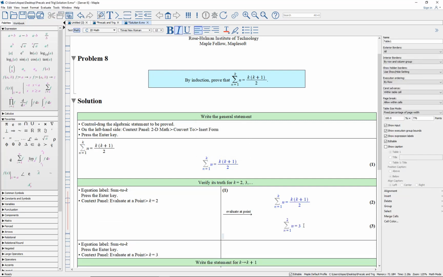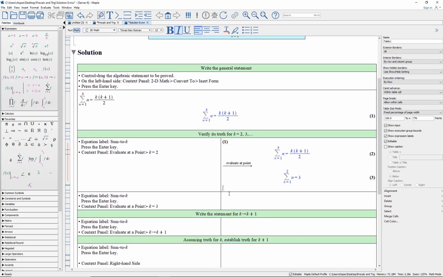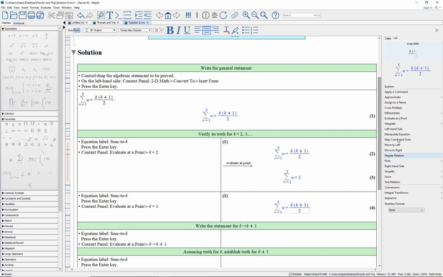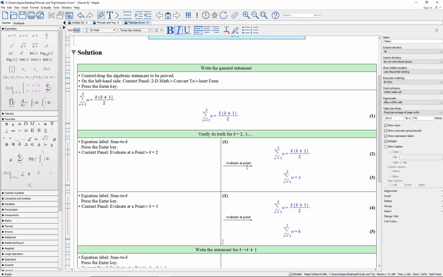And you see that if you sum 1 plus 2, you're going to get 3. Well, that's a true statement. Let's try it for one more. Control L1. Evaluate at a point. Let k be 3. So 1 plus 2 plus 3, I believe that's 6.